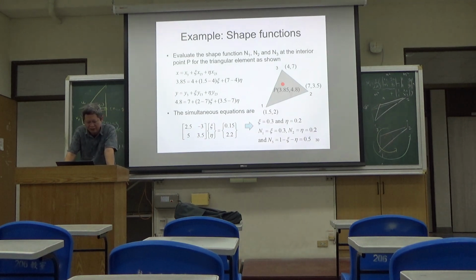The x here is 3.5. 3.5 is equal to x3, plus zeta times x13. x13 is the x in node 1 minus node 3. So it's 1.5 minus 4. And then this one is eta times x23, x2 is 7 minus x3, that is 4. Yep. So by doing this, you can find how much your zeta and eta are at the point P.